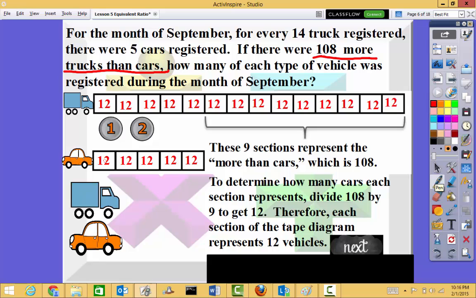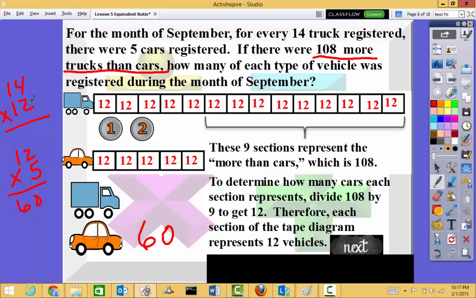Well, now I can just count up 12, 24, 36, 48, 60, or I can check and do 5 times 12, which is 60. So there's 60 cars. How many trucks are there? Well, that's 12 times 14, or if I really wanted, I could just do 12 plus 12 plus 12 plus 12.